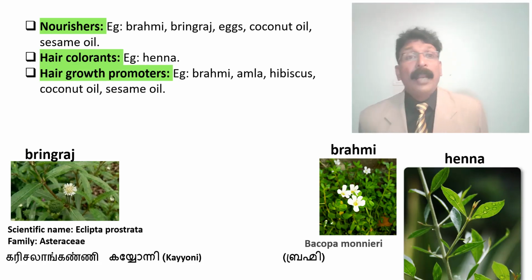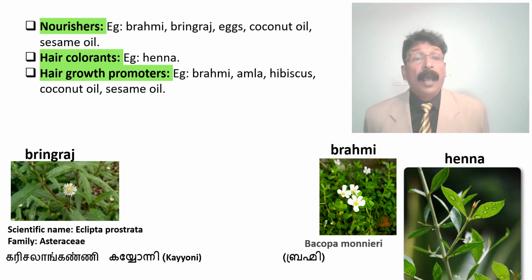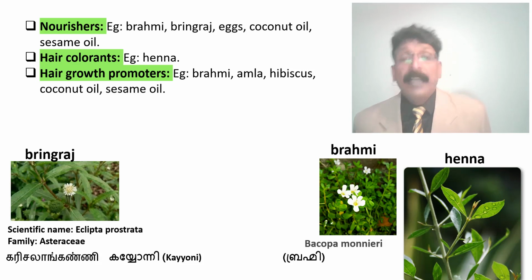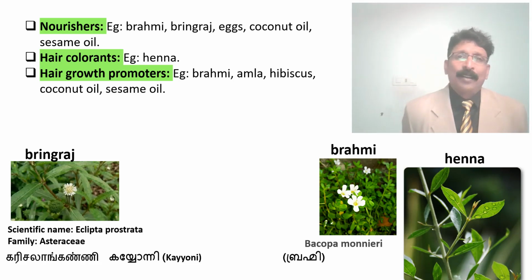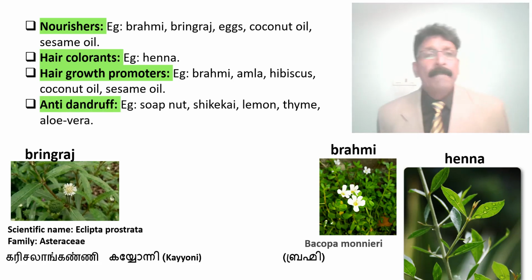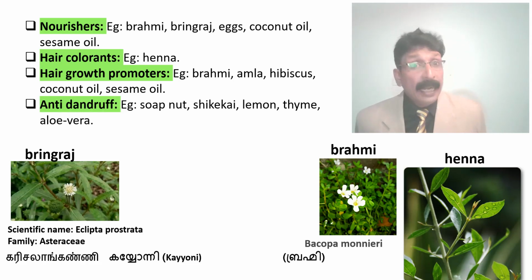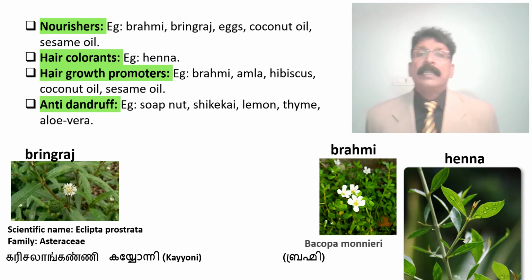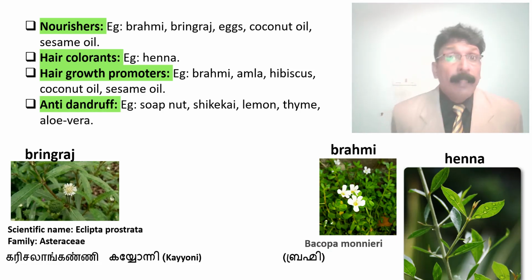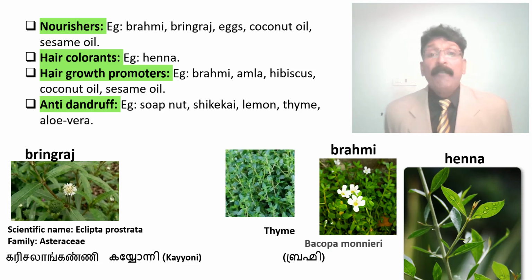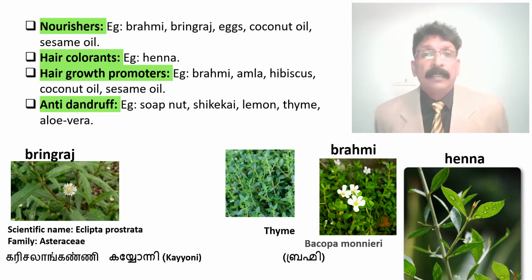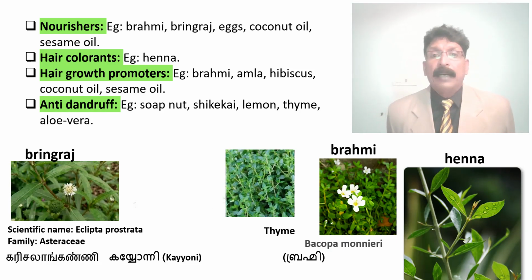And hair growth promoters like Brahmi, amla, hibiscus, coconut oil, sesame oil. Anti-dandruff: soap nuts, shikakai, lemon, thyme. Thyme is the same variety as mentha.